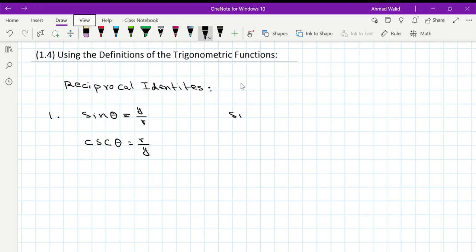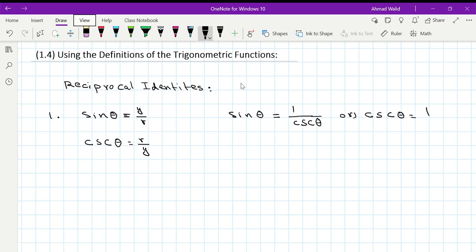Because cosecant is the reciprocal of sine, then I can write sine theta equals 1 over cosecant theta, or the other way you can say cosecant theta equals 1 over sine theta.